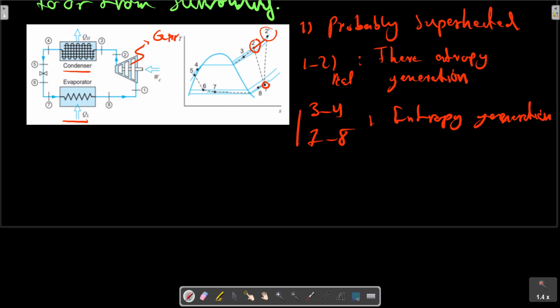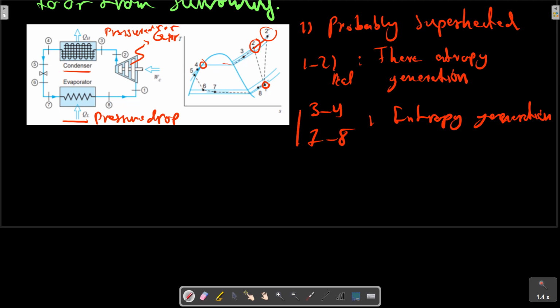There is some drop in pressure as the refrigerant flows through the evaporator. Pressure drop, and also pressure drop here from 3 to 4.